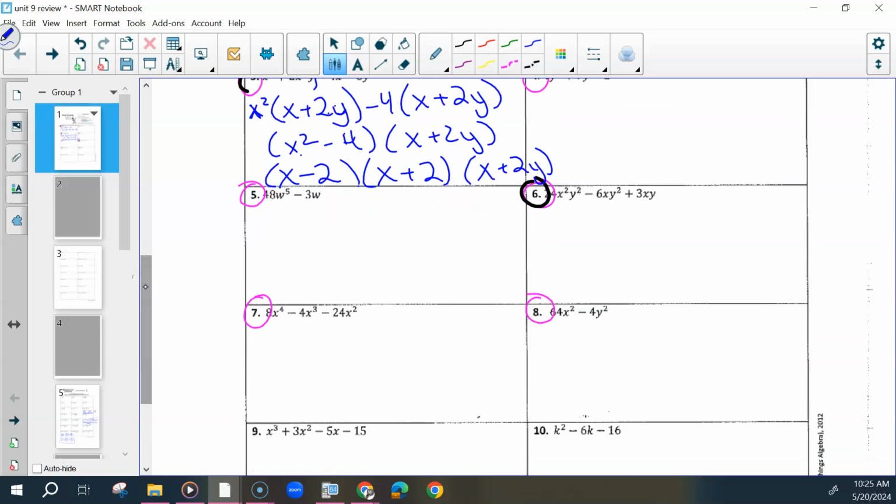Six, we do have a trinomial, but look and see, does it have a GCF? Yes. What is that GCF? 3, is that the only thing? 3, x and y. And then if we divided that out of each term, what's left?